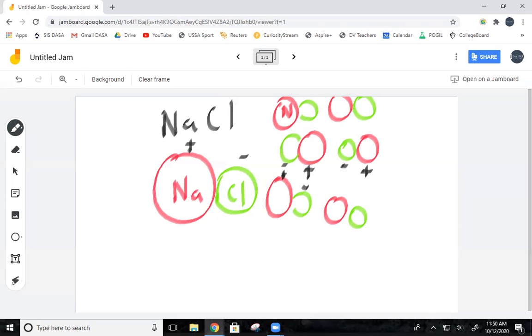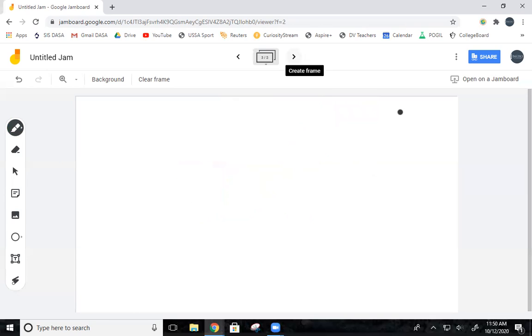So sometimes you'll be asked to make a representation of an ionic solid. It's kind of tempting to do, so let's do lithium fluoride, okay? It's tempting to draw lithium fluoride where you just line them up.